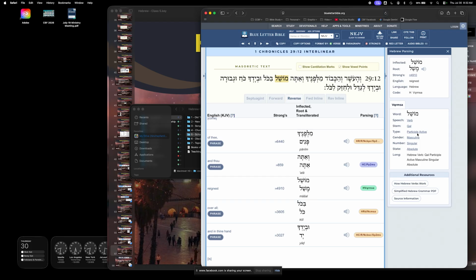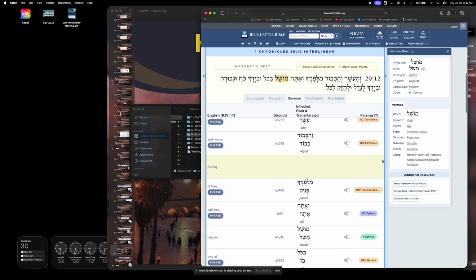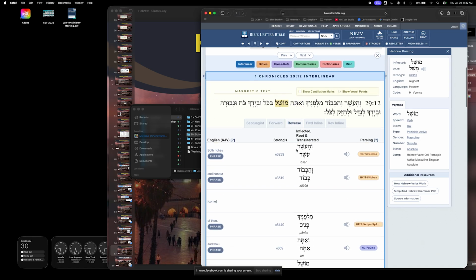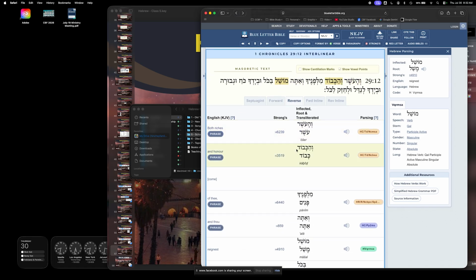Participle, ongoing or continual action. We could actually even say, you were the ruler. That would be a fine translation of that, by the way. They translate it, you reign over all. That's good. You are the ruler over all is equally good. Either translation would fit well in the context.